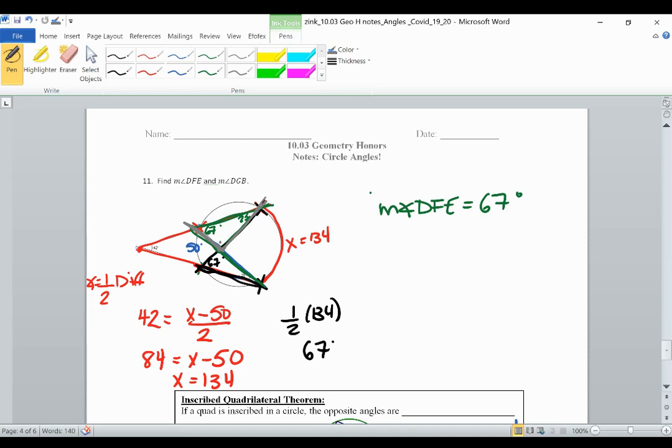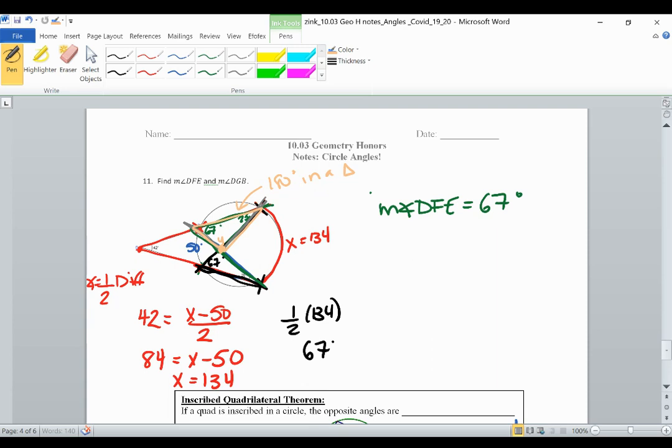To find that angle, I have two options. I see a triangle right here, and I know I have 2 out of the 3 angles, so I can use the fact that there are 180 degrees in a triangle: 67 plus 25, then subtract that from 180. Or I could say the vertex is inside the circle, not at the center, and try to find my other 2 arcs.